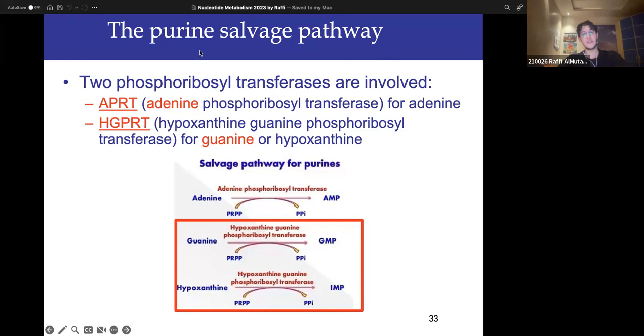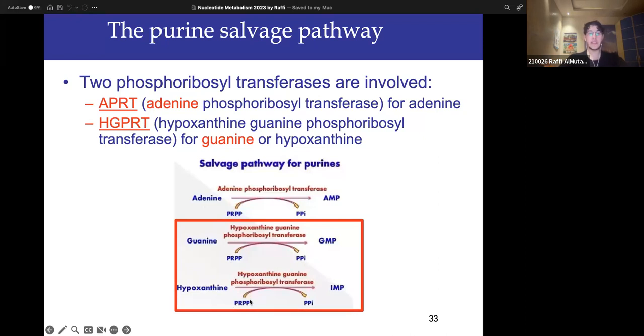So in order to salvage a purine, we need PRPP again, not just for de novo, also for salvage. And we have two important enzymes, APRT and HGPRT. APRT is responsible for converting adenine into AMP with the help of PRPP. HGPRT converts guanine into GMP along with PRPP, and it also converts hypoxanthine into IMP along with PRPP.